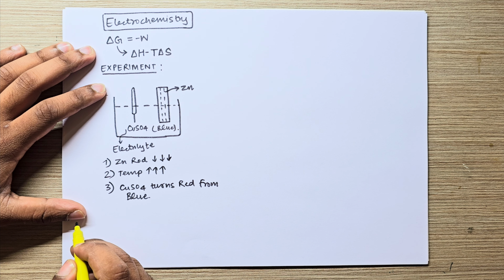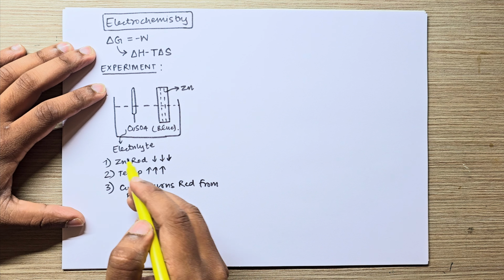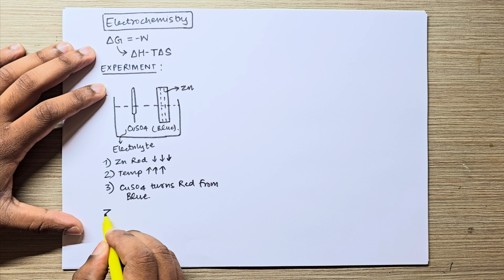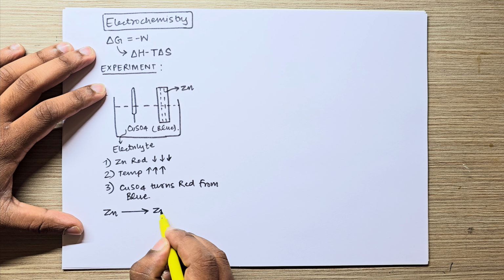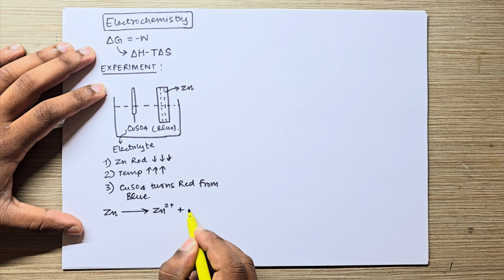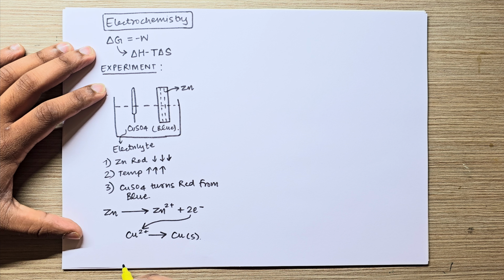So we should understand why this zinc becomes thin. The zinc gets converted into Zn2+ ions and loses its electrons. These electrons are accepted by the Cu2+ ions that are already present inside the solution, and they get converted into copper.